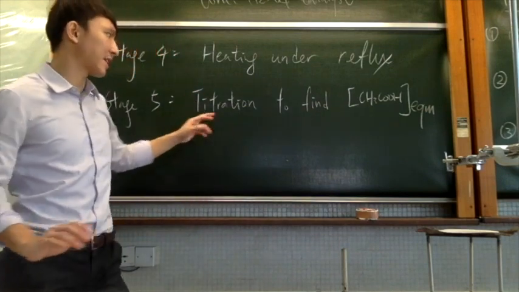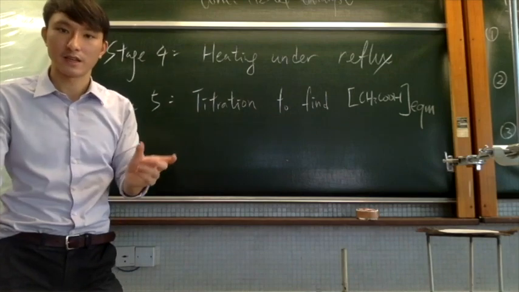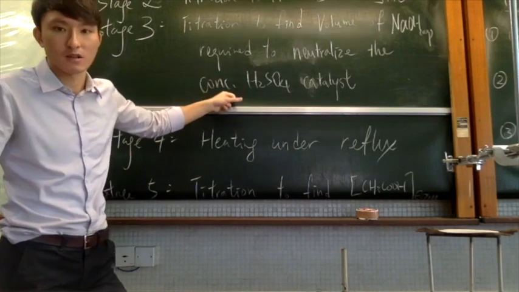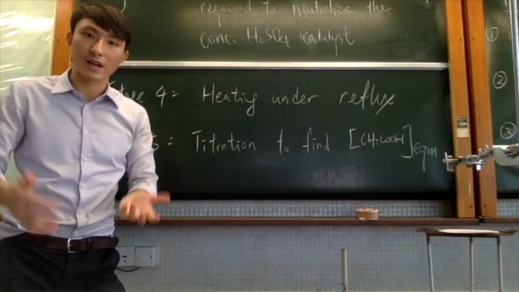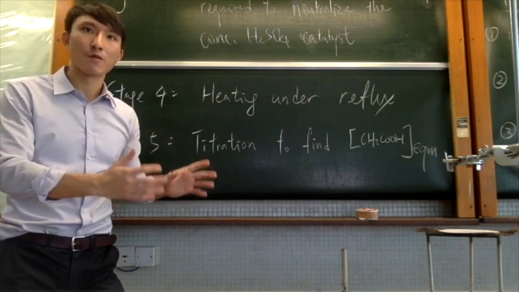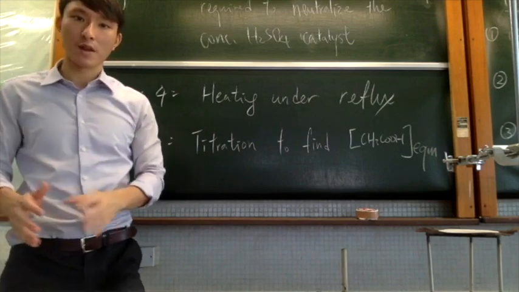And remember, like I said, in this stage, you need to correct the result using the volume used to neutralize the concentrated sulfuric acid. Okay, so that would be the outline or the overview of the experimental procedures. Let's move on to the actual steps, and I will guide you through one by one.